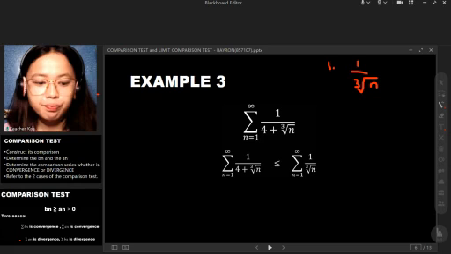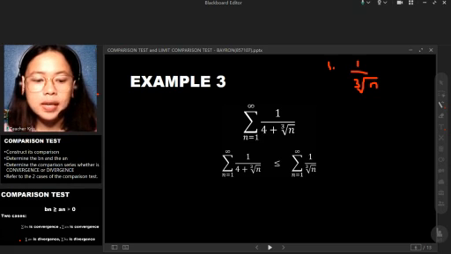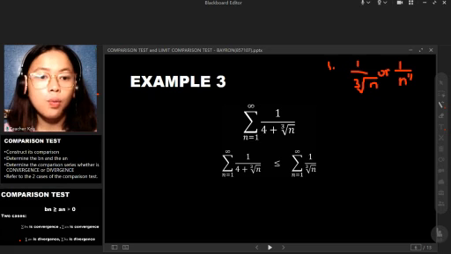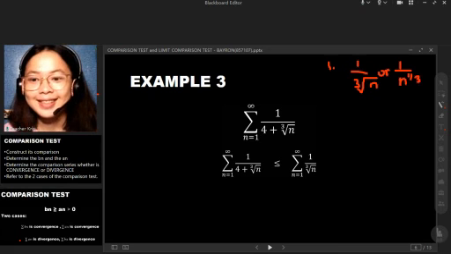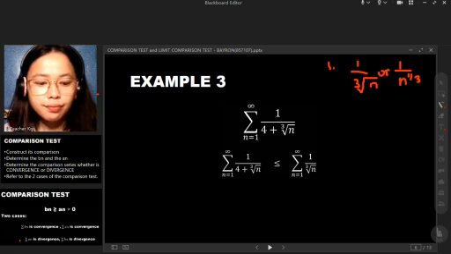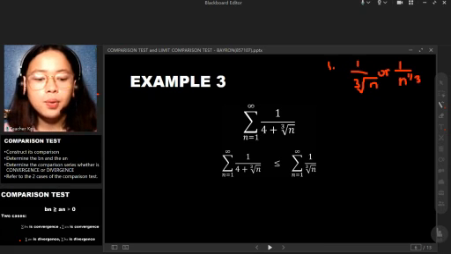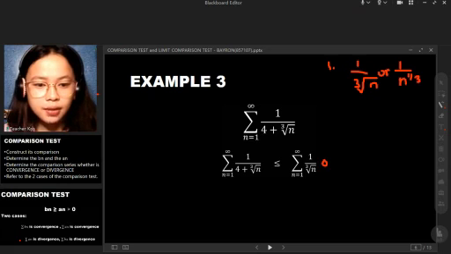Or we can just simply have it 1 over n raised to the power of 1/3. Okay? So we can have here 1 over n raised to the power of 1/3.